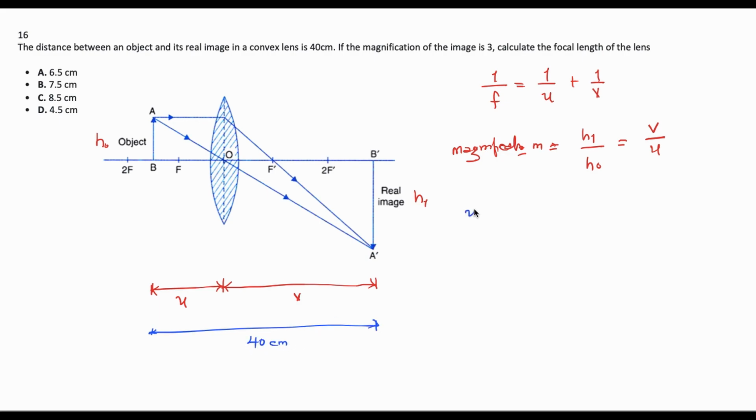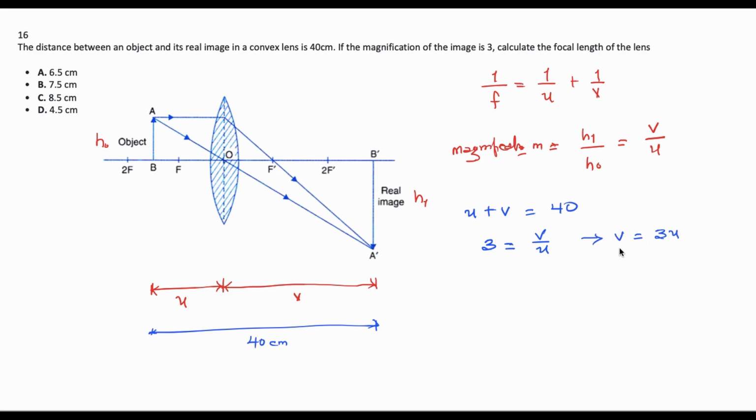So here we know that U plus V is equal to 40. We're also told that the magnification of the image is 3, so M is equal to 3. And we know that M is equal to V over U. So from here, if we cross multiply, we have that V is equal to 3U.